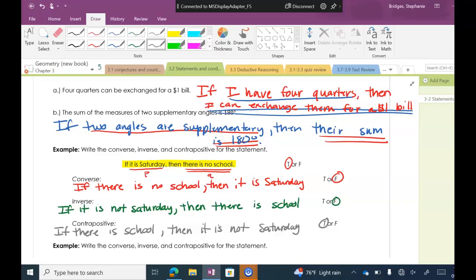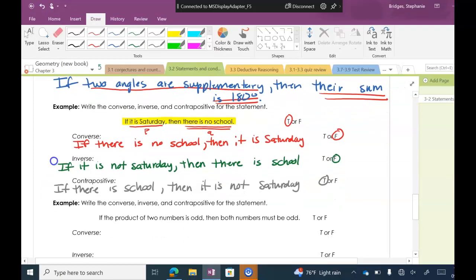Do we get the idea? Because I want to let you try one by yourself and see how well we do. All right, so here is your conditional statement. If the product of two numbers is odd, then both numbers must be odd.